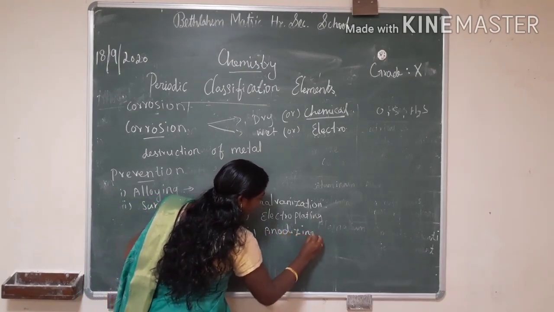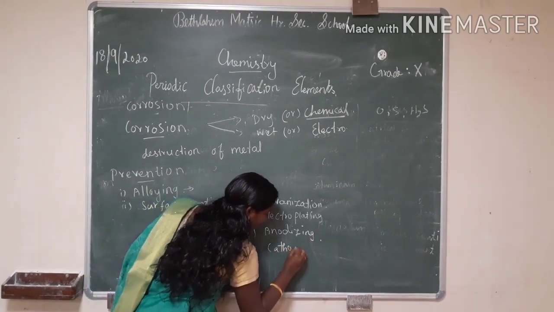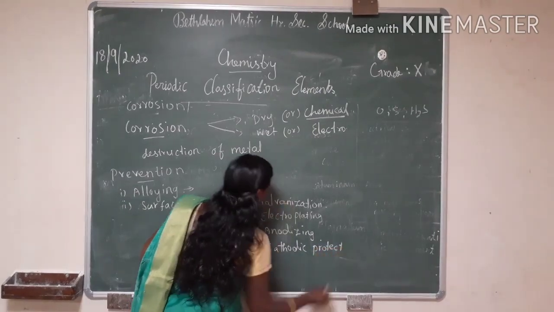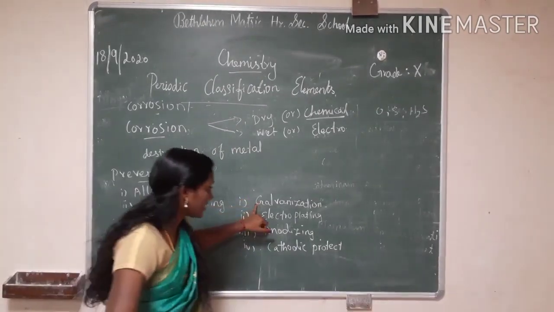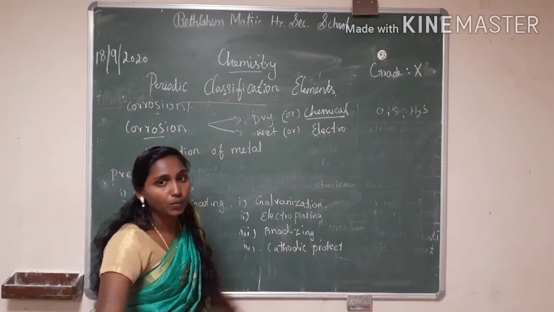Fourth step is cathodic protection. So what are the steps we follow in surface coating? Galvanization, electroplating, anodizing, cathodic protection.